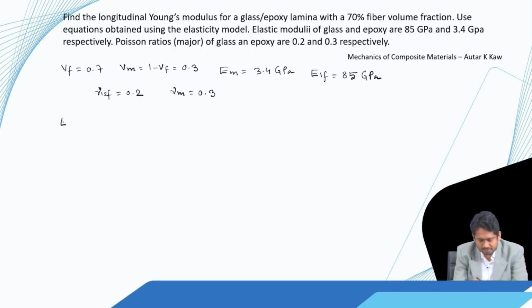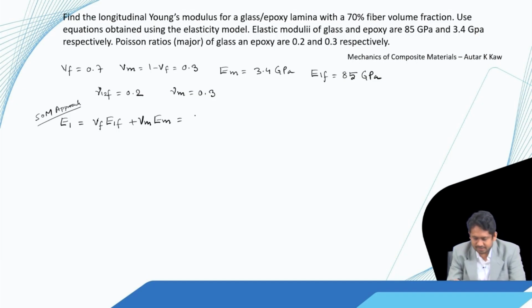Now, E 1 as per the strength of materials based approach, if we want to find out first, that is V f into E 1 f plus V m into E m, and what we get is 60.52 GPa.